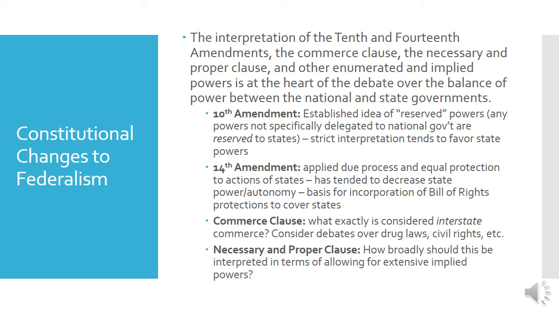So this has led to a lot of disagreements between state governments and the federal government over exactly how far the Commerce Clause should be taken. And then finally, the Necessary and Proper Clause, which is what gives us implied powers at the national government level. How broadly should that be interpreted in terms of providing for extensive implied powers? How narrowly should you define what exactly is allowed as an implied power?